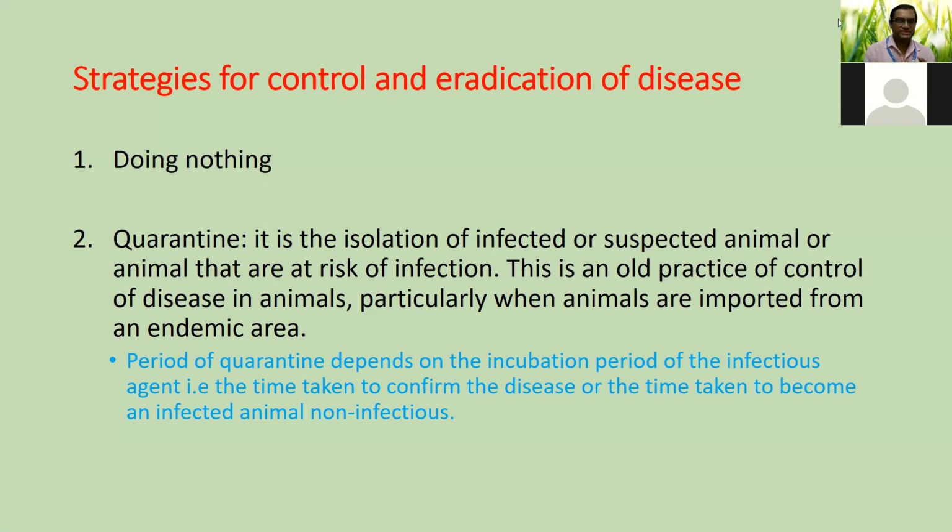That is the strategy of doing nothing. If you do not do anything, the disease may get controlled by itself, but it is not true for every disease. There is always a chance of spread or more transmission of disease if you do not interfere in the occurrence of disease.